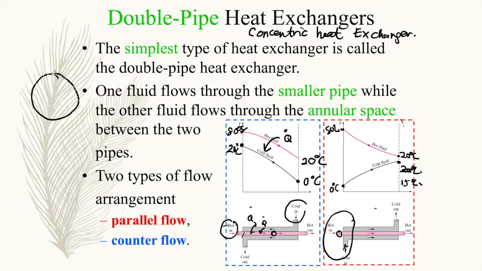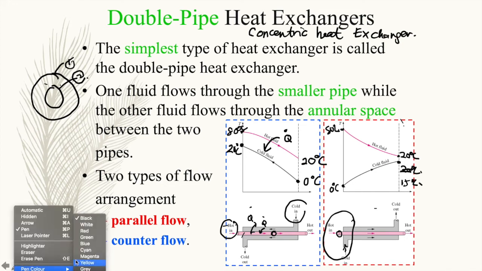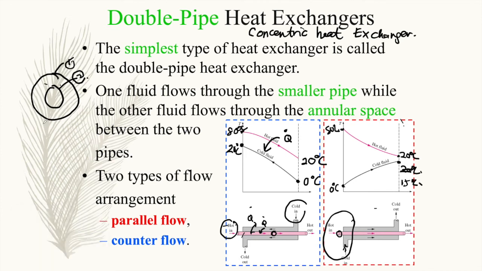So we have a circular pipe and then another pipe inside this pipe. We have pipe 1 and pipe 2. So the annular space, I changed the color of this pen to red, the annular space is here. So this is the annular space.